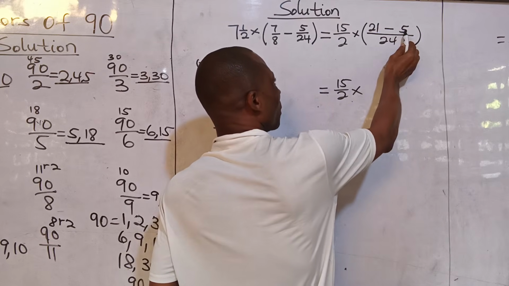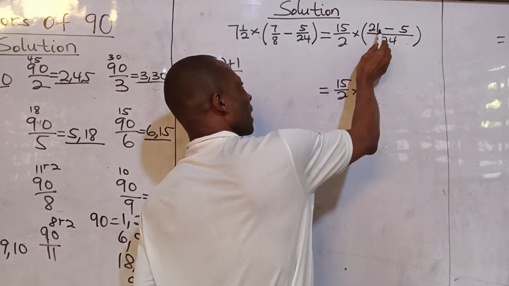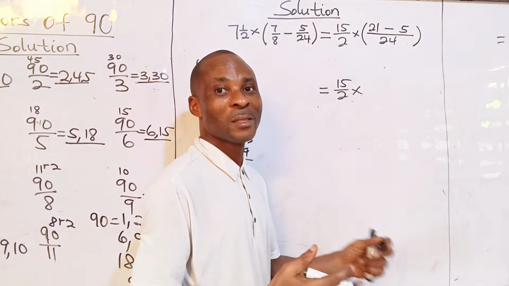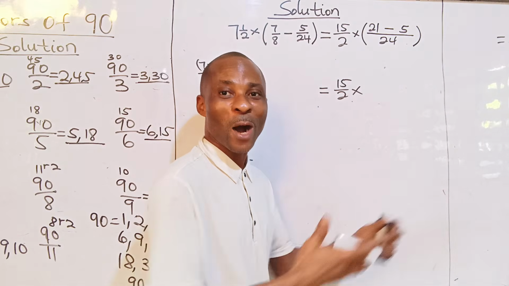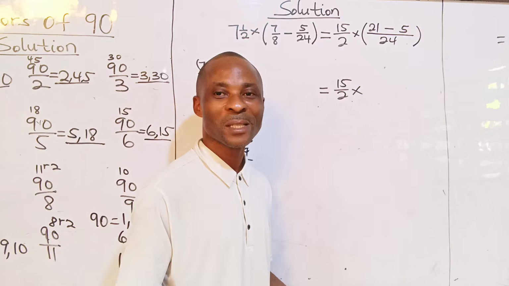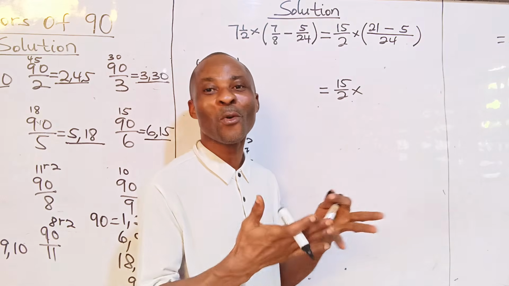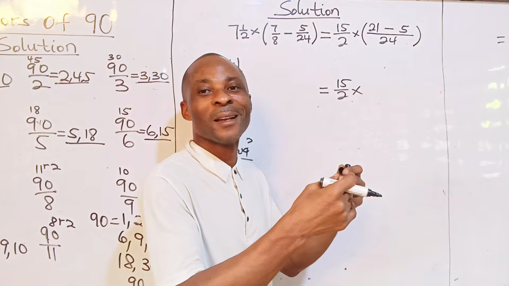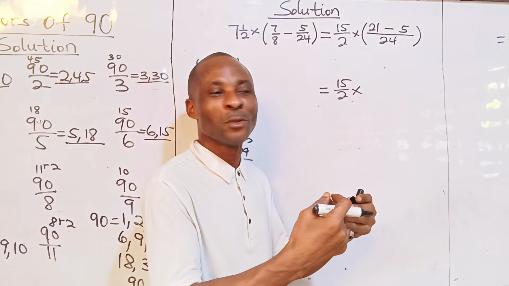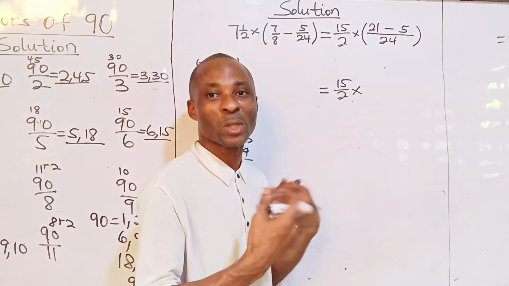You are owing somebody 5, but you have 21. Addition of positives and negatives: you are owing or you own. Positive, you own. Negative, you owe. So when you owe, you have to go and pay. When you pay, either you are left with something for yourself or you still owe.